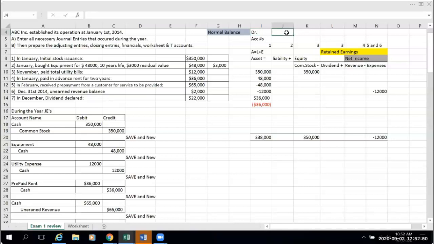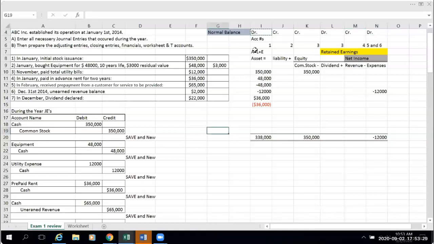What's the normal balance for any liability? Credit. Liability, credit. Equity, common stock, credit. Revenue, credit. For dividend, debit. Any expense? Debit.